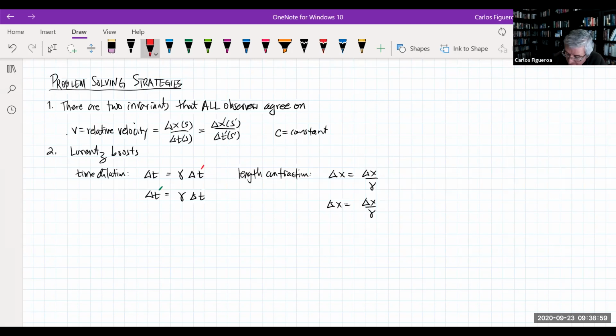So it's either going to be something like this, or it's going to be something like this, depending on how you look at it. And of course, gamma is 1 minus v squared over c squared, which I typically write as 1 minus beta squared.